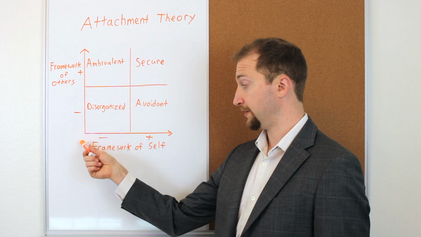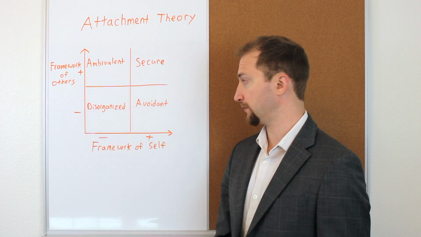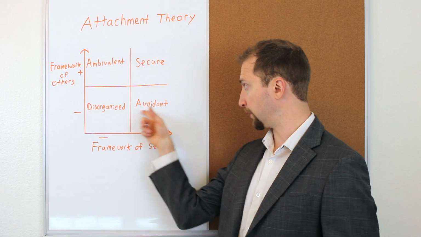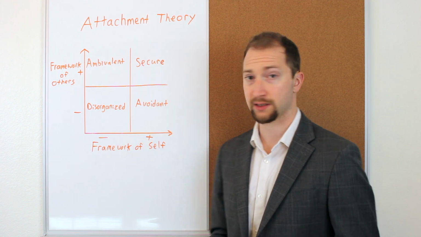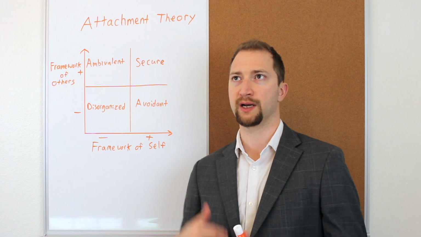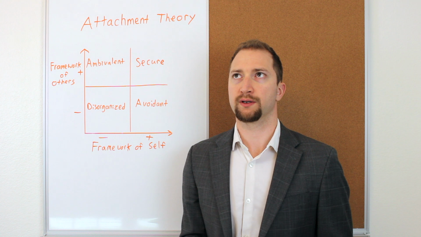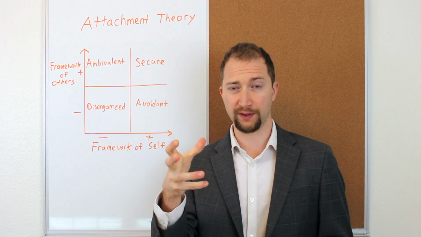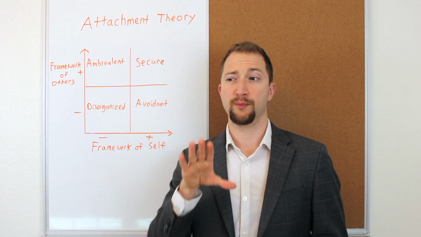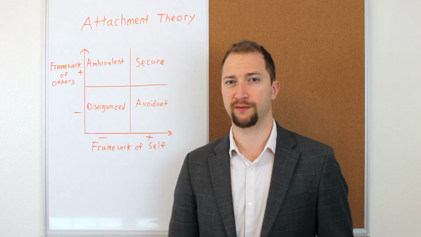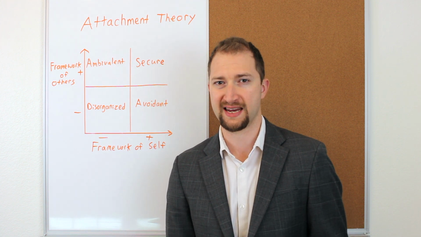And then over here we have positive framework of self, but negative framework of others. So this is the avoidant one over here. We've kind of made it into this little quadrant. So that avoidant attachment style, this typically comes from parents that are consistent, they're available, but when their kid comes to them with their emotional needs or when they're distressed, the parent actually punishes their kid for having needs, or they don't meet the child's needs, right?